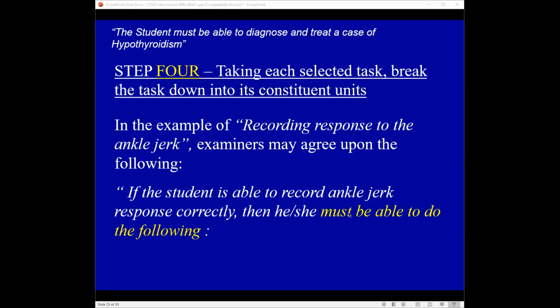Right? So if the student is able to record the ankle jerk response correctly, then what are the sub things that he must be able to do?